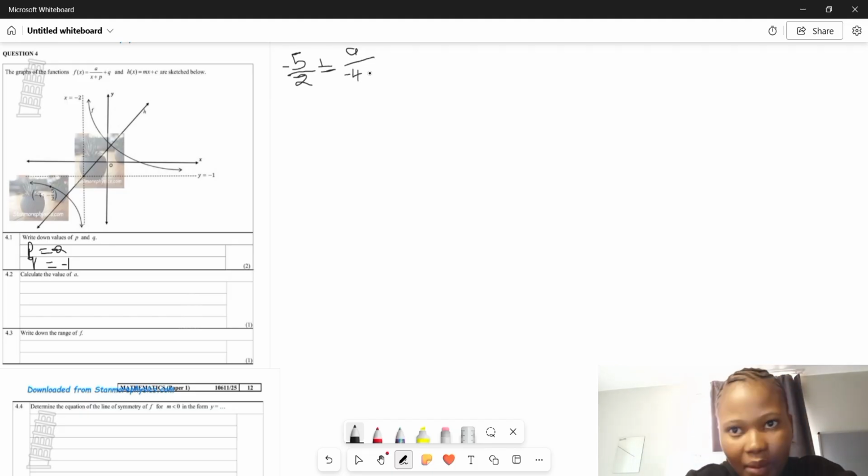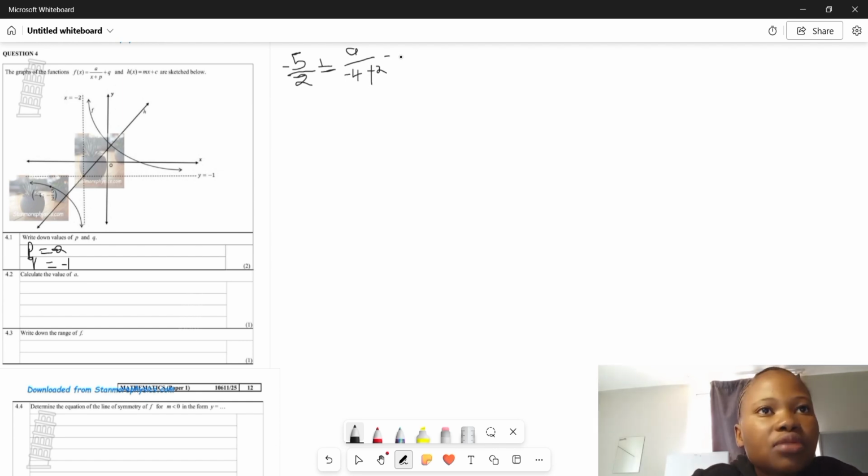We are going to simplify everything, and A is going to be 3. So A is 3.